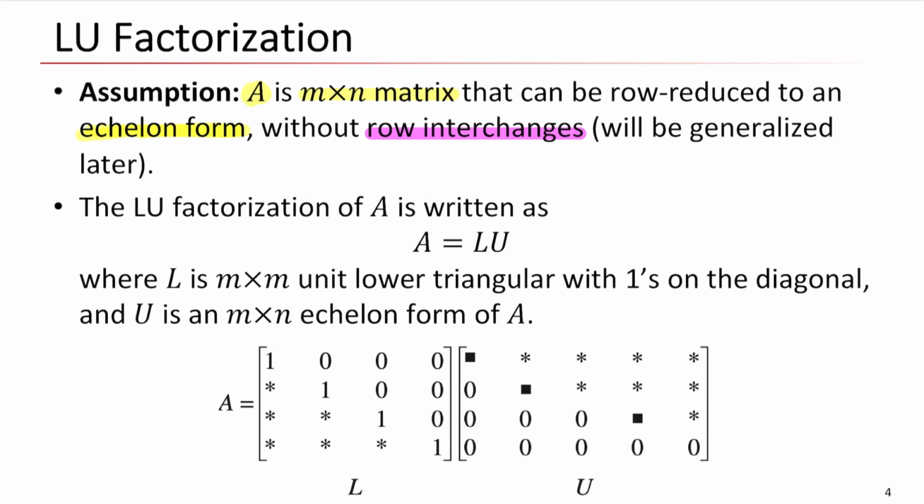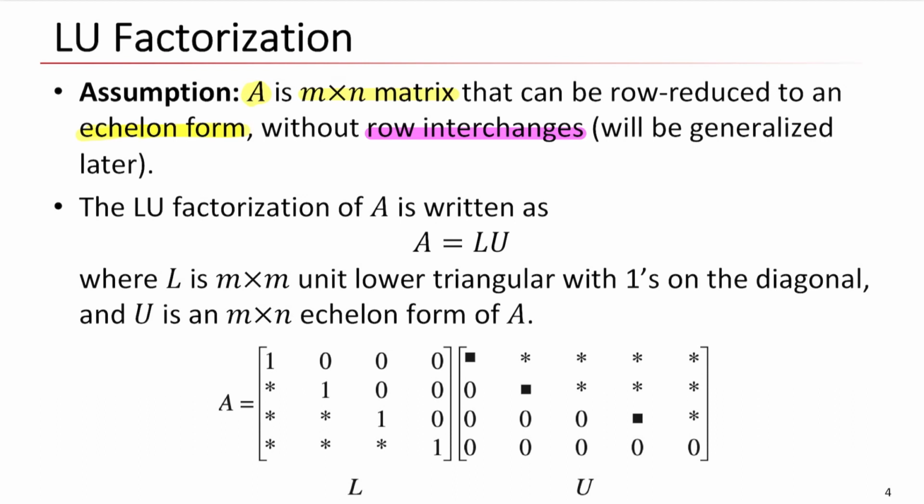To find the echelon form of the matrix A, we can use several kinds of row operations: row replacement, row scaling, and row interchange, right?